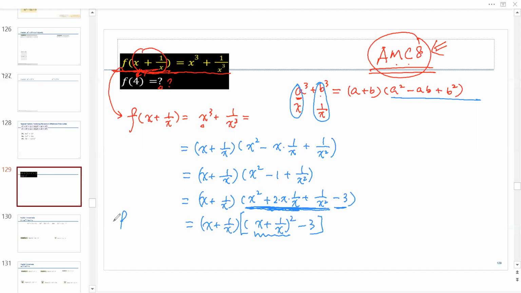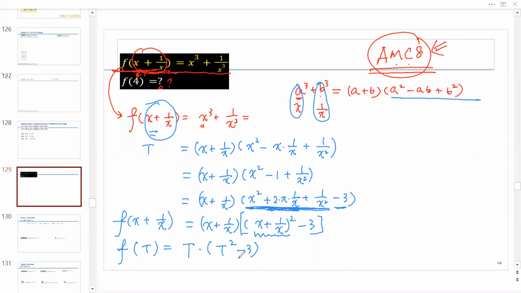All right, so go back, check this one. Suppose this is a t. Suppose this is a whole number, a huge t. We say this one is equal to t. So f of t equals what? T times t squared minus 3.